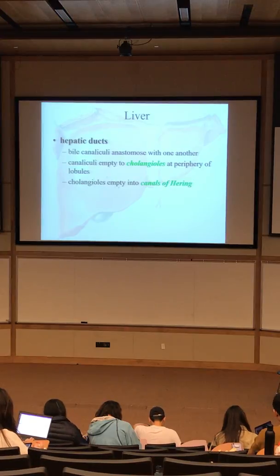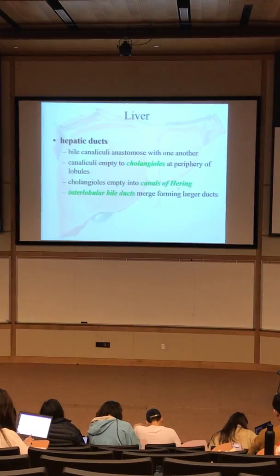And the cholangioles will empty into larger vessels, which we call canals of Hering, whoever Hering was, I have no idea. And then those drain to larger ducts, which we call interlobular ducts. So obviously between the various lobules.